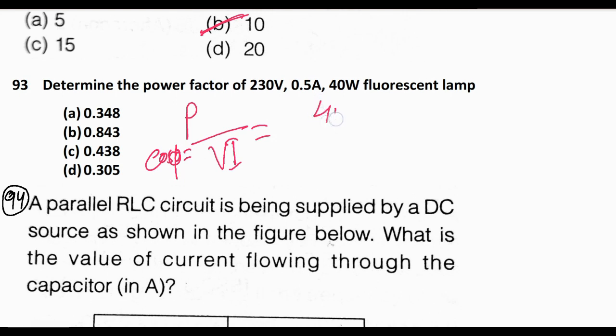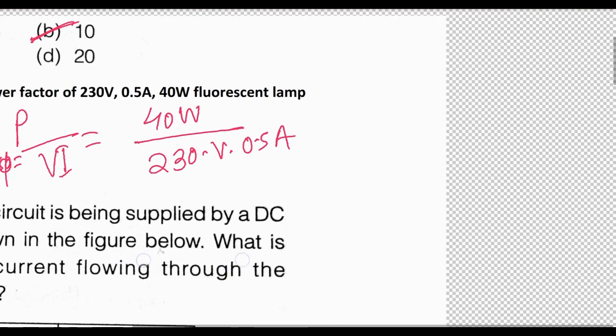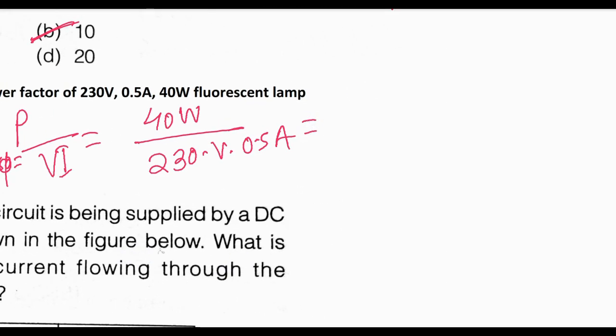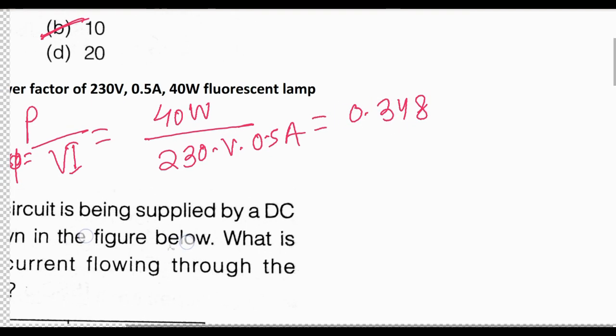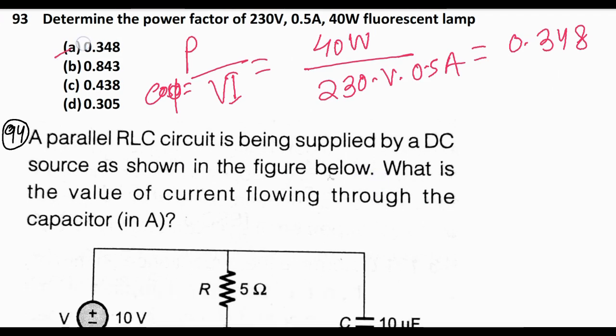So this will be 40 watt by 230 volt into 0.5 ampere. So watt by volt ampere, it will be the cos theta, and this will be 40 by 230 into 0.5, and this will be equal to 0.348. So answer will be 0.348.